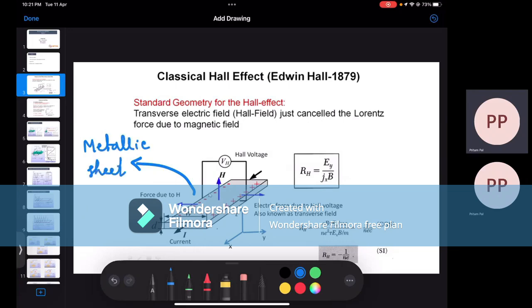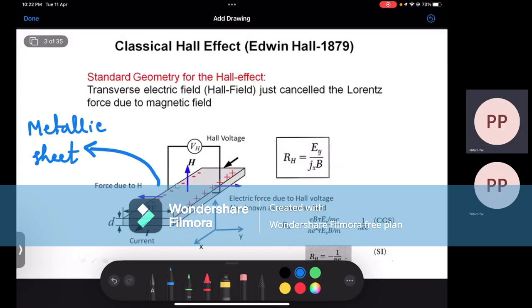It's a metallic sheet, so it has a certain length, width, and thickness. As you can see, we have applied a voltage along the x direction. So current is flowing from this end to this end. You can consider it basically a closed loop.